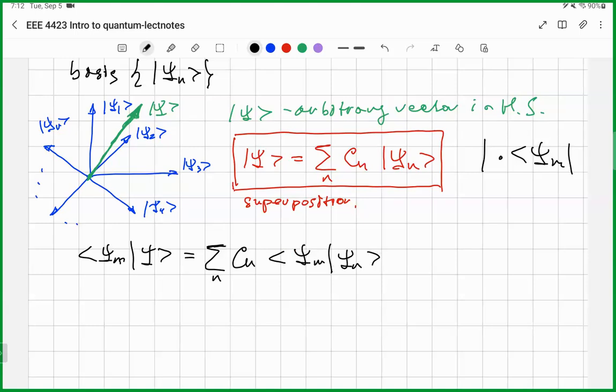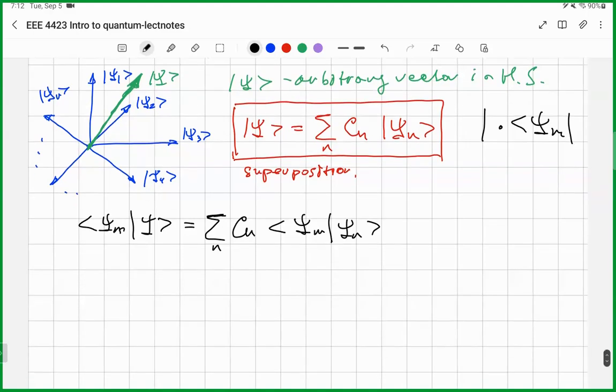This bracket-bracket construction. Now we use the fact that these basis vectors are orthogonal and orthonormal, which means that this inner product is equal to delta mn, right?